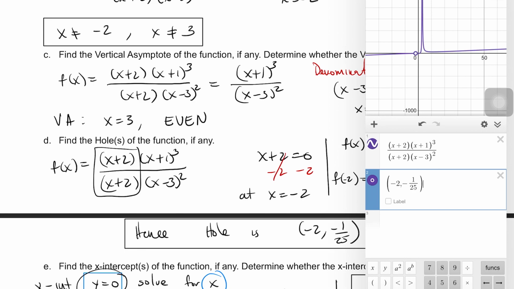Okay, so that's the hole. We're going to see the hole, and then the vertical asymptote happens at x equals -3.